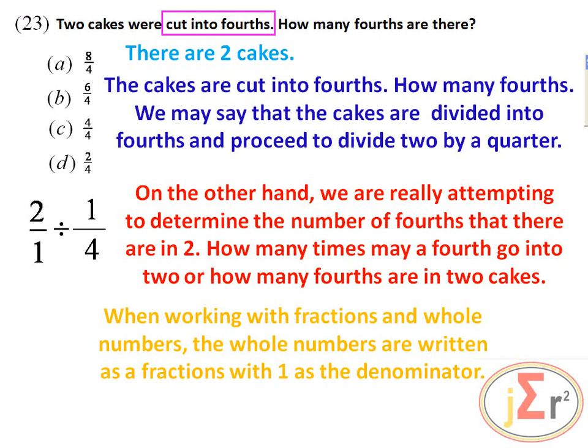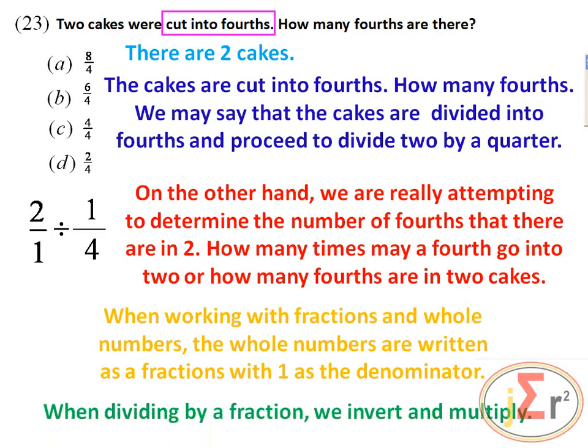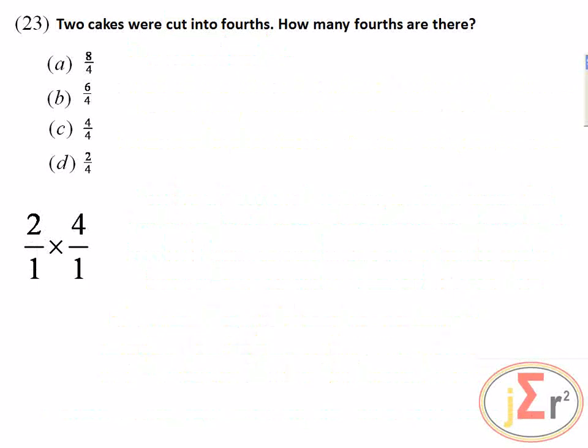Dividing by 1 does not change the value of the number, or writing a denominator of 1 does not change the value of the number. It only causes the number to be in a form that is compatible with the other number that we are using to manipulate it. When dividing by a fraction, we invert and multiply. And we will complete the multiplication process on the next slide.